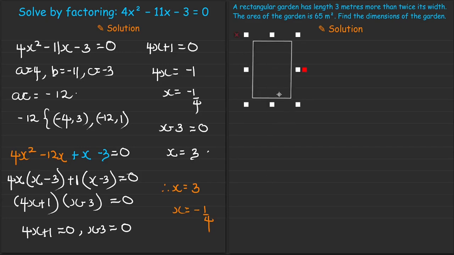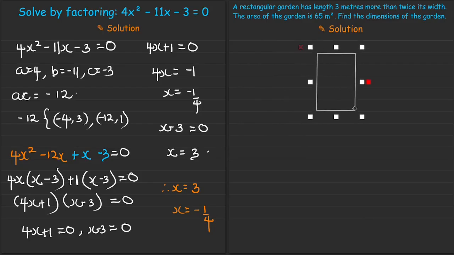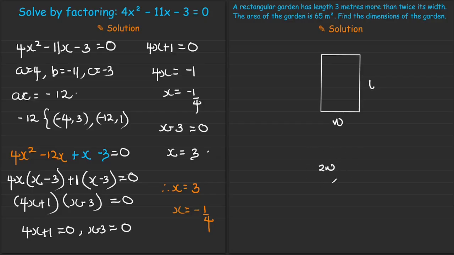So let's try and get a visual representation of what this is. First of all, it says the length is 3 meters more than twice the width. So if this here is our width, and this is our length. Now, twice the width is simply what? 2w.